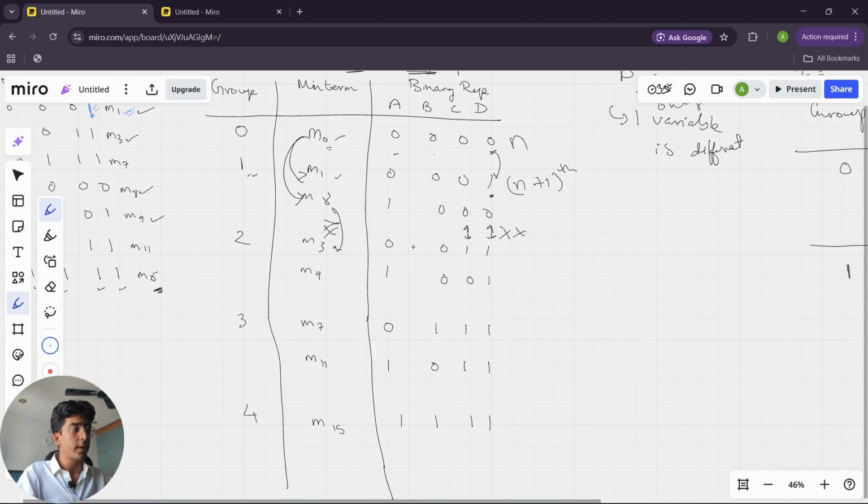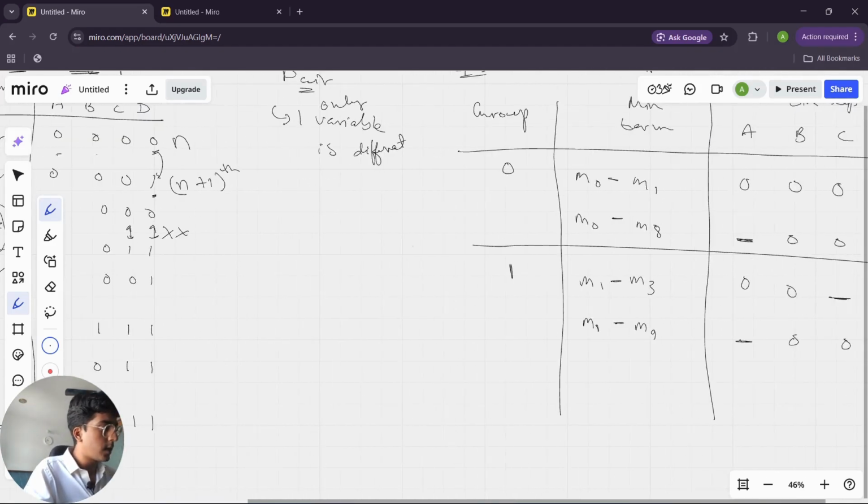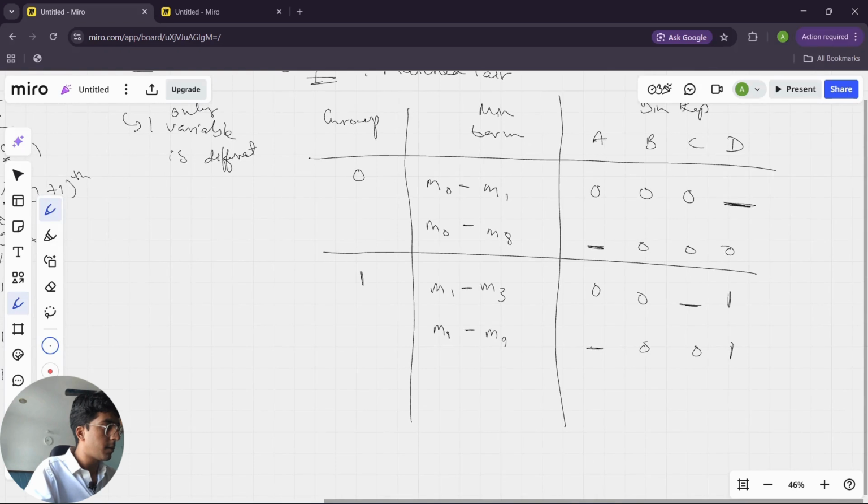Now we'll compare M8 and M9. This is the same, this is the same, this is the same. Only the last variable is changing, so this is a matched pair. We'll write it down: M8 and M9. क्या same है? The first three variables are the same and the last variable is changing. We'll write it as a dash. Now group 1 is done.